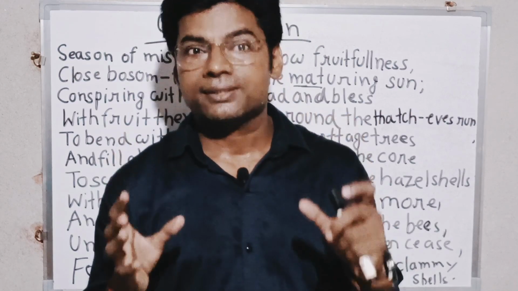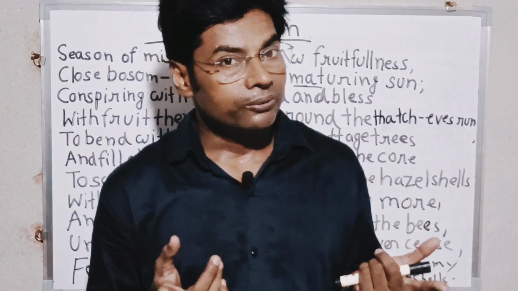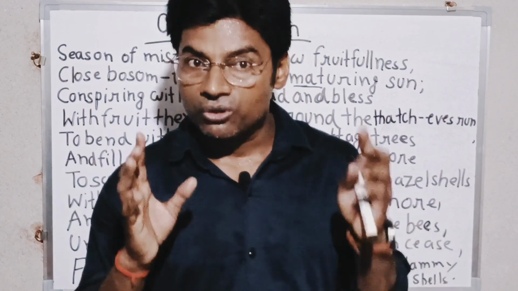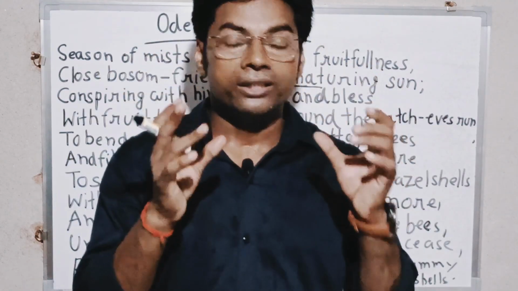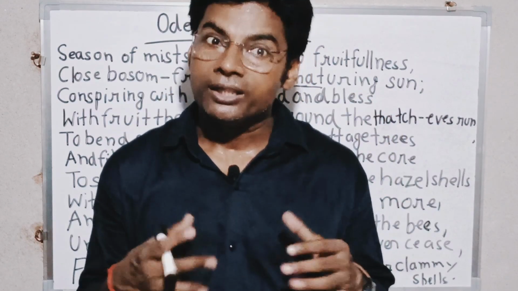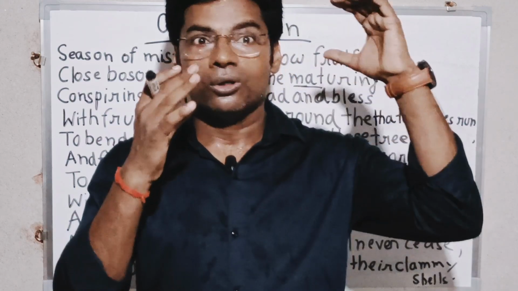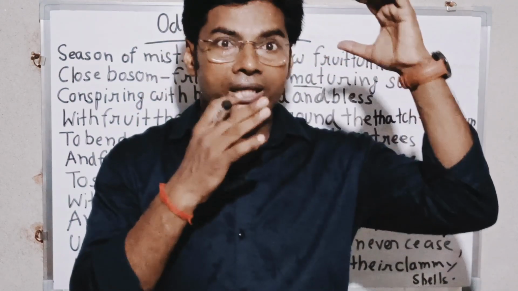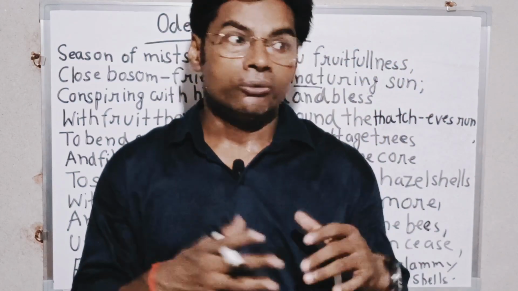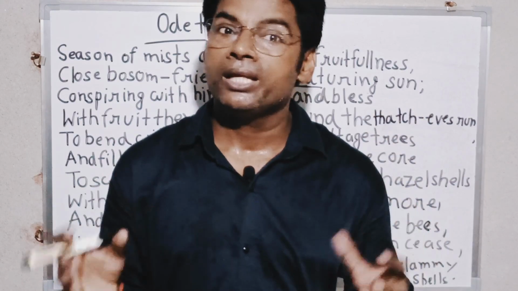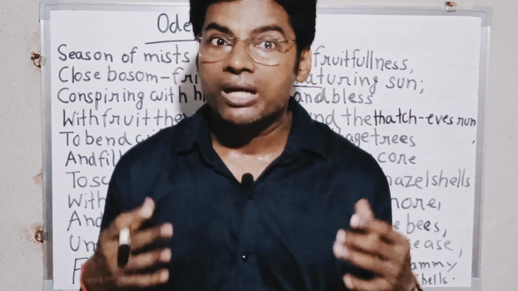Since autumn and the sun are personified or treated as living, which figure of speech is used? Personification. Why? Because here he is calling the sun the maturing sun, the aging sun. It means the sun is also standing at the peak of its own luster and maturity. Very soon the autumn will end and the winter will begin, and what will happen?